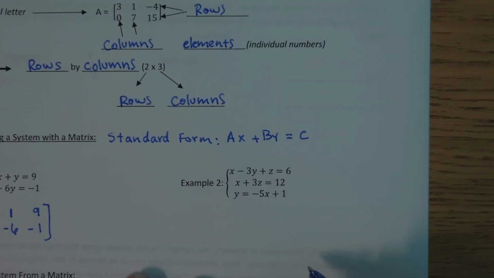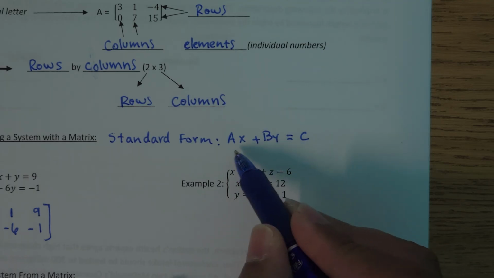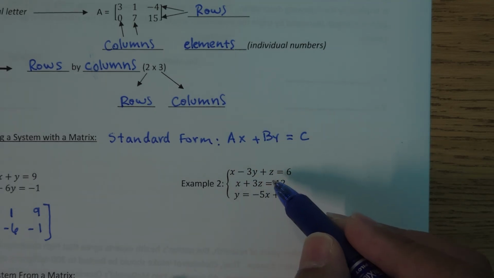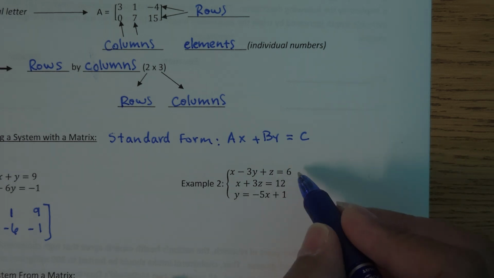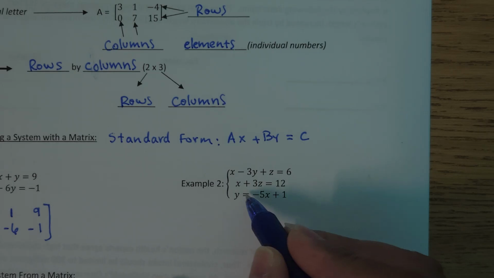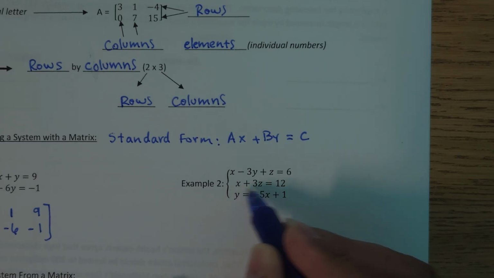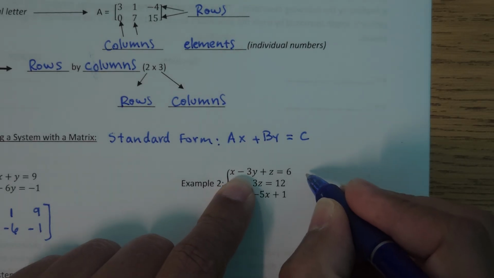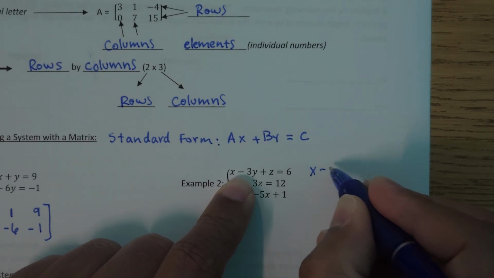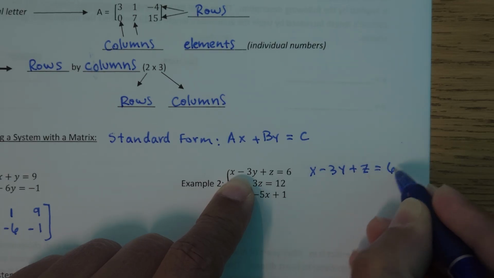For example number 2, I have to make sure again that the equations are in standard form. In this case, we have 3 variables, so we should have, in alphabetical order, x, y, z. The first equation is done. In the second equation, I don't see a y value, so I'm going to copy this one as it is: x minus 3y plus z equals 6.